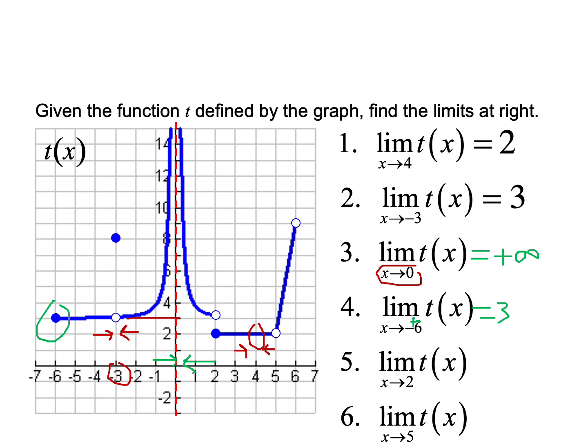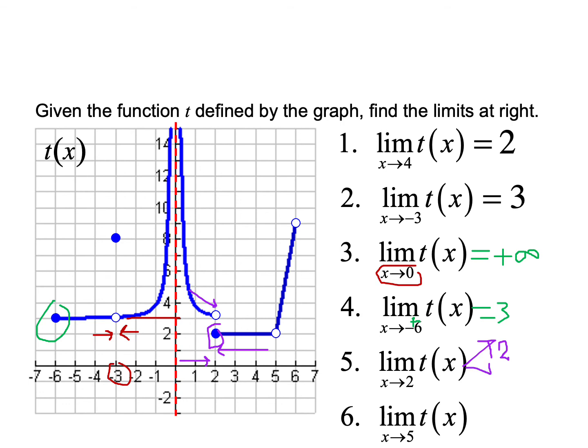Limit when x goes to 2, also here we can see clearly that there is a jump. It means we have two different heights. From the left, the height is 2, while from the right I have a different height, which is 3.